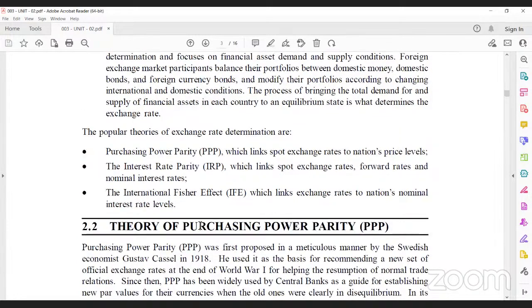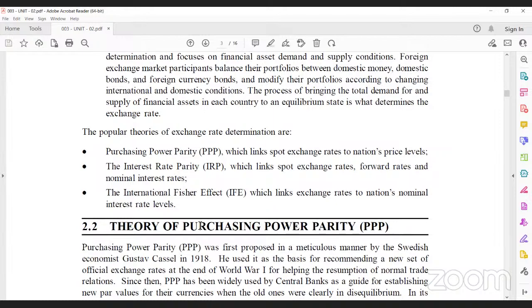Moving on to the popular theories of exchange rate determination, we have purchasing power parity, which is linked to spot exchange rates. Spot exchange rates and spot markets we tried to understand in the last session. Spot is all about the current, today's value, and we call it a spot market.